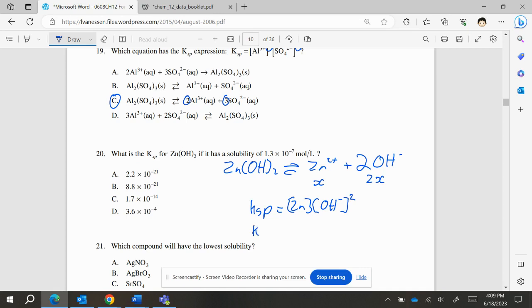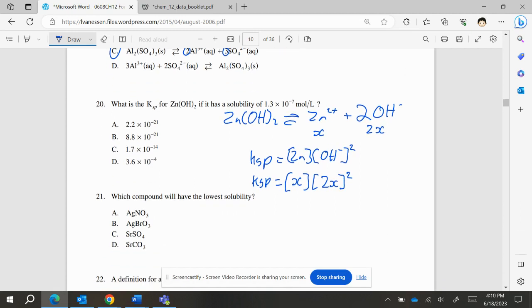Or in other words, Ksp in this case is going to be X times 2X squared, or Ksp equals X times 2X times 2X. 2 times 2 is 4.